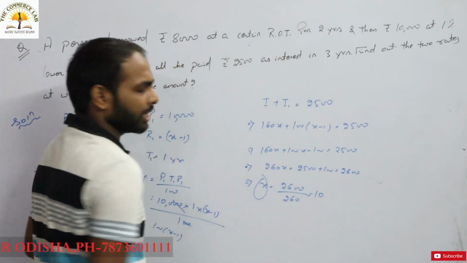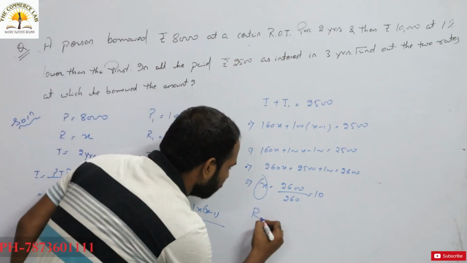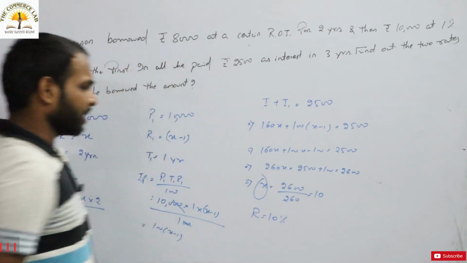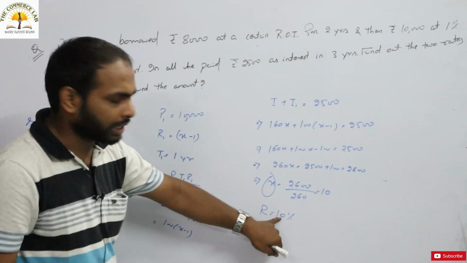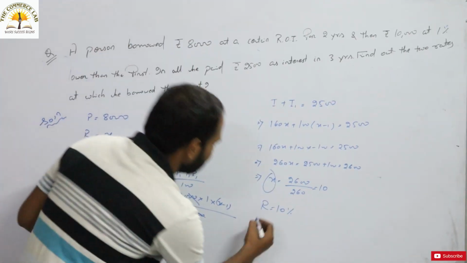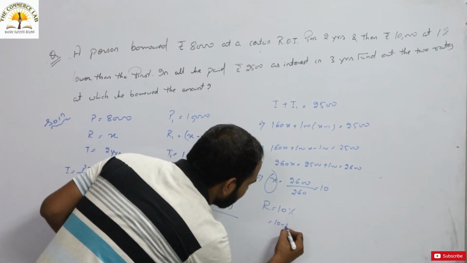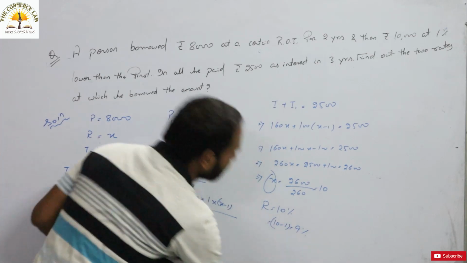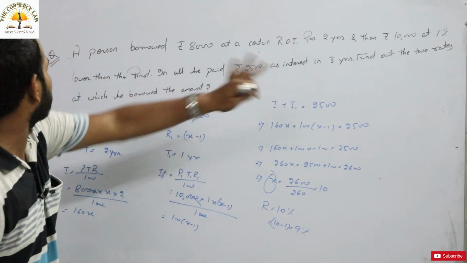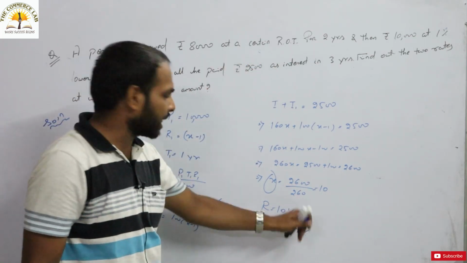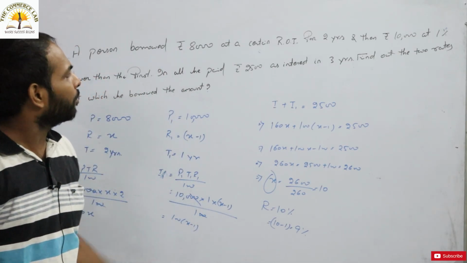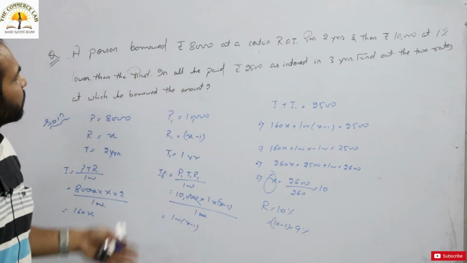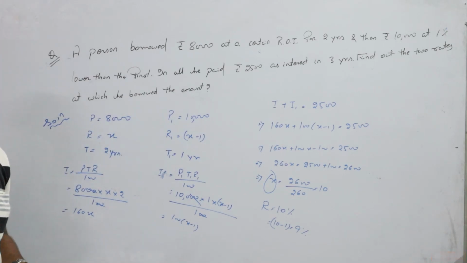So X is the rate of interest. So R is equal to 10% because we have taken R equal to X. Second one is lower than that, so 10 minus 1 is equal to 9%. We have to find out the two rates. So first one is 10%, second one is 9%. I hope you understand all the logics. So this is all about your simple interest. Thank you.